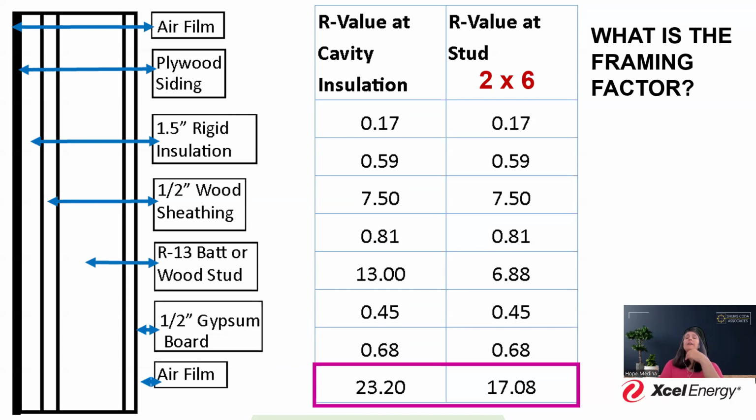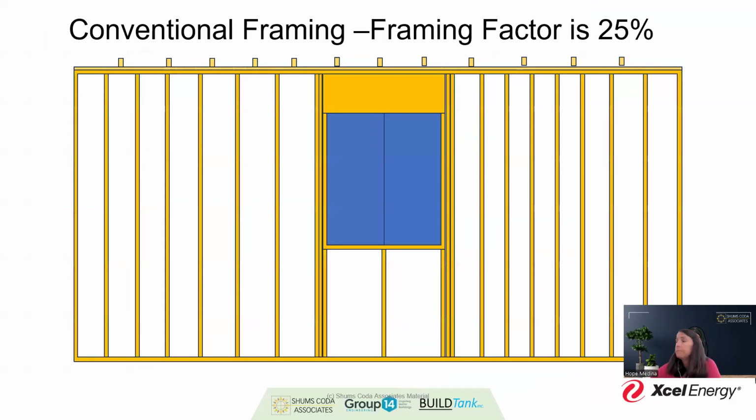Now, the other thing that we have to keep in mind is we have to know what the framing factor is. And when we are talking about conventional framing, the typical framing factor is about 25%. And what that is indicating is for a wall, about 25% of that wall is not insulation. It's actually going to be wood.